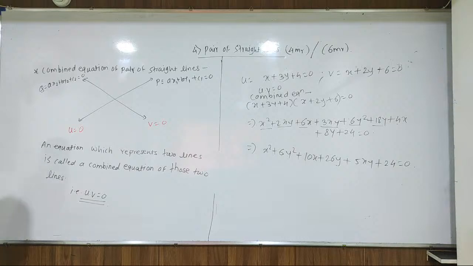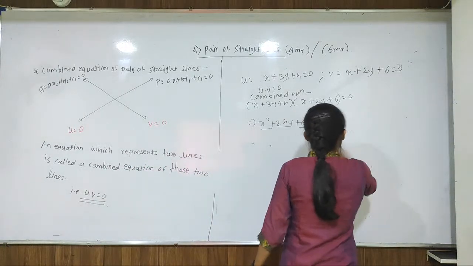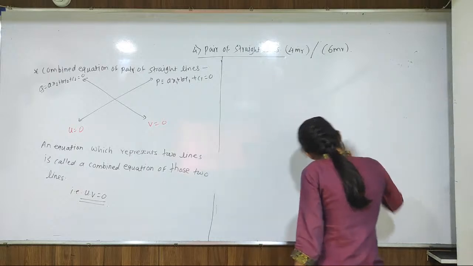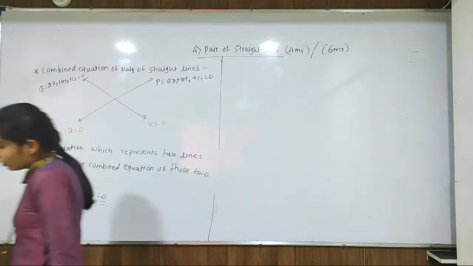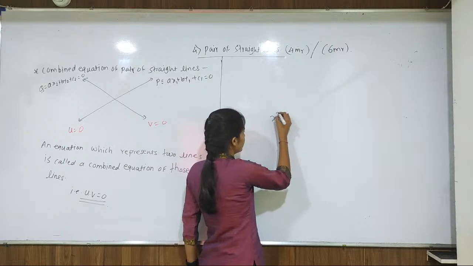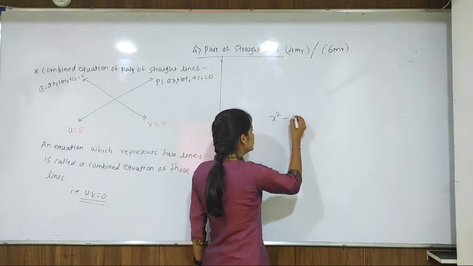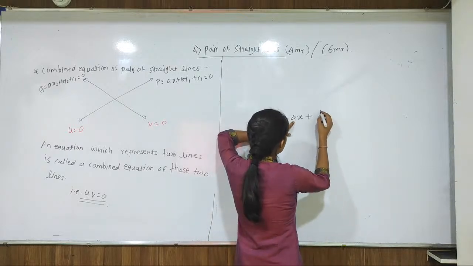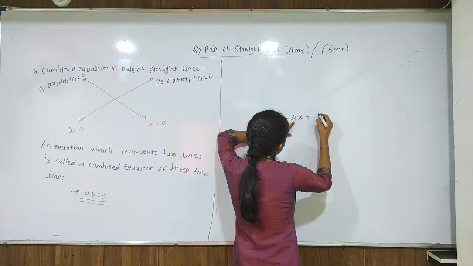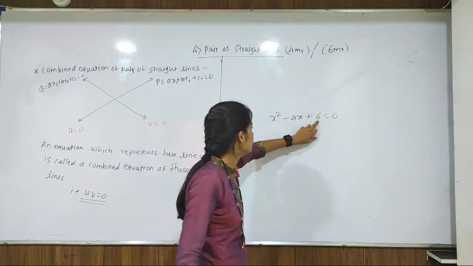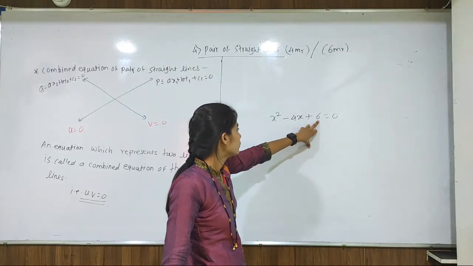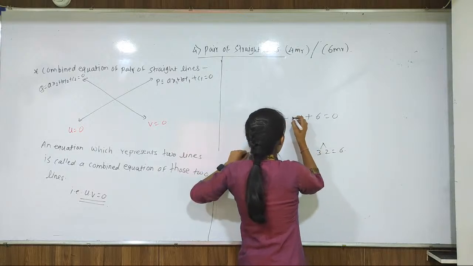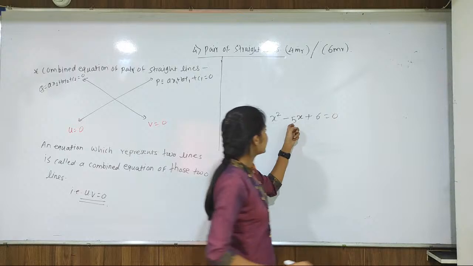Okay. So write down the statement. If we have been given the combined equation and I have to find the separate equation, suppose x square minus 5x plus 6 is equal to 0.